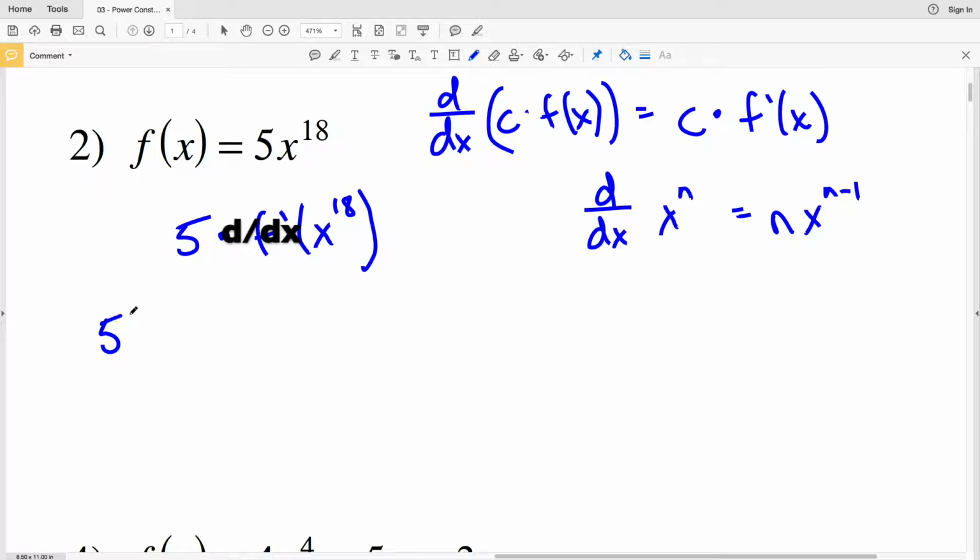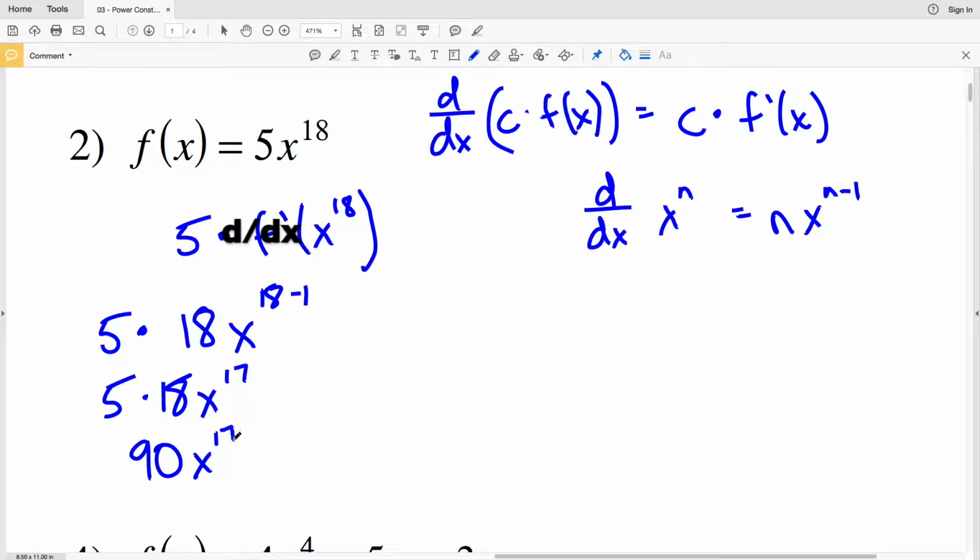So we'll have 5 times 18 times x to the 18 minus 1, which is x to the 17, and 5 times 18 is 90. So 90x to the 17th is the derivative of f of x.